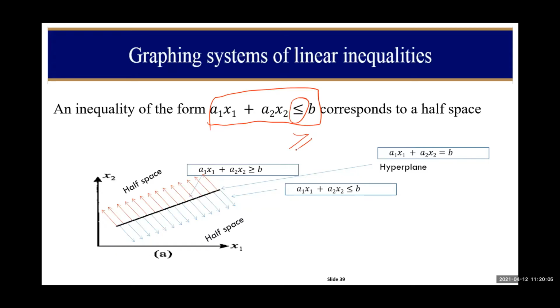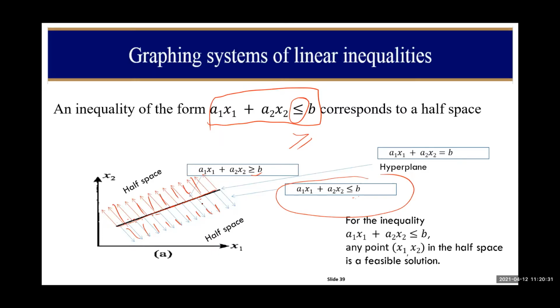So if this is the caveat, this first one, less than or equal to, and I draw my straight line here, we are saying less than means I'm on the straight line or below the straight line. That's half space. Then if the inequality sign is also greater than or equal to, in the equation that you are plotting, you are on the straight line or above the straight line. So that is the linear equation.